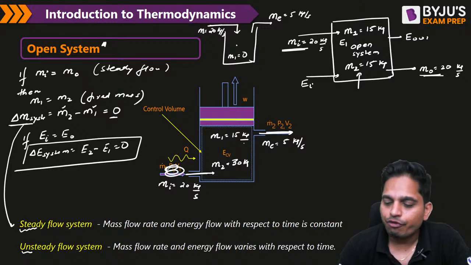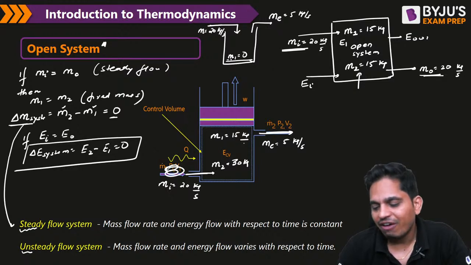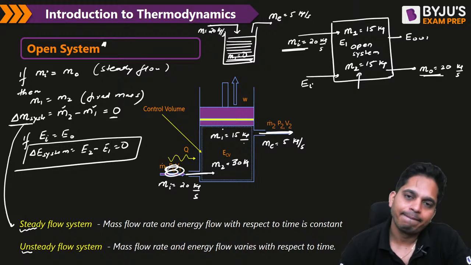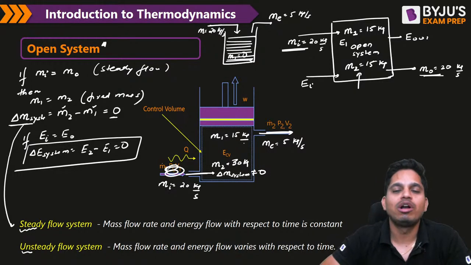So that means 15 kg per second is added inside the bucket, and therefore the water level is going to increase. That means change of mass of system is not equal to 0.